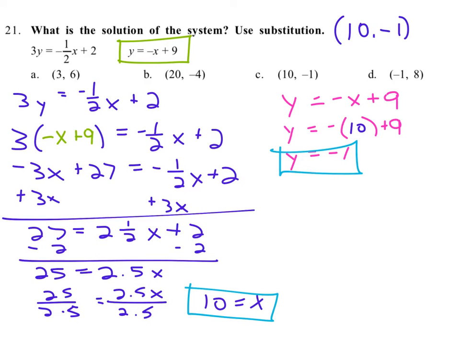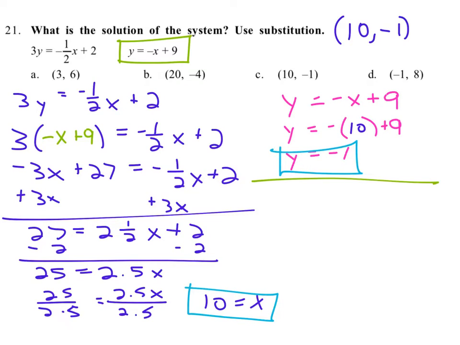Sorry about that, just trying to neaten it up a little. We believe that that's what the solution is. Well, if that's the solution, then what I should do is take the second equation that I plugged these values into, well, I plugged the 10 into the y equals negative x plus 9.